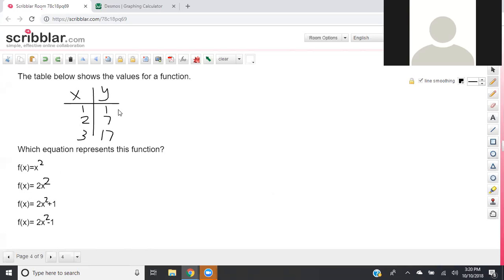So it's really, really hard to do this question by only looking at the table and trying to get the equation. The easier way to do this question is to take each answer choice one at a time and check it to see if it makes the table work. So we're going to look at answer choice A first.